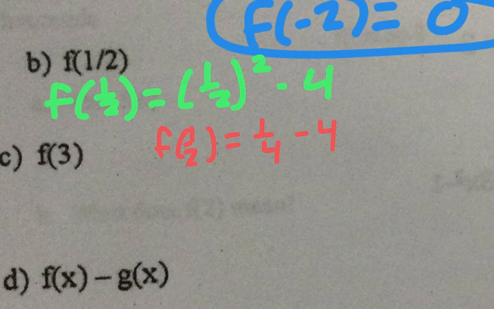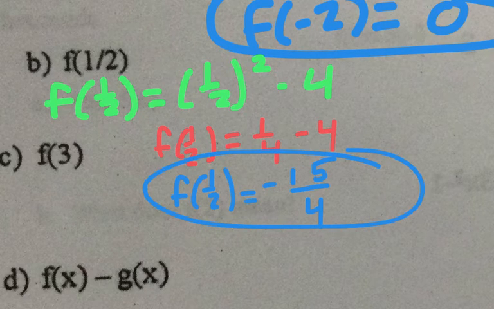1/4 minus 4 is, y'all got negative 3.75, which I'm going to write as negative 15/4. Wait, so what would my answer be? Negative 3.75. Okay. Now again, I messed up. Why did I mess up right there? Why is it negative?